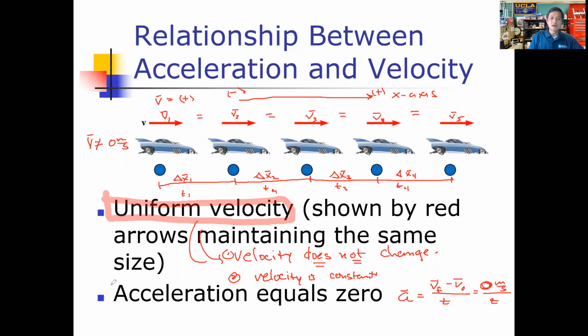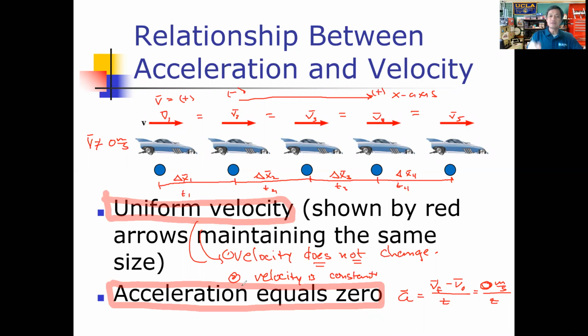So under conditions of constant velocity, constant velocity does not necessarily mean the velocity is 0, but it does mean that the acceleration is 0.